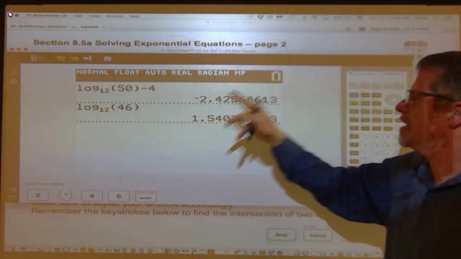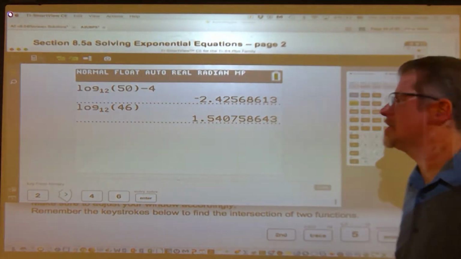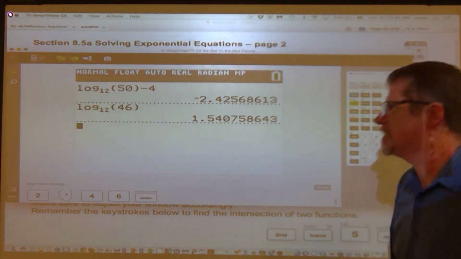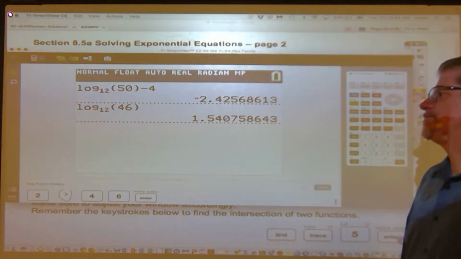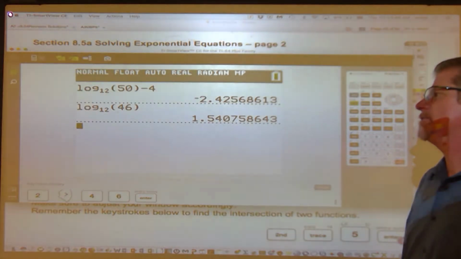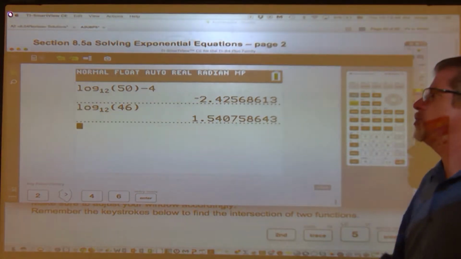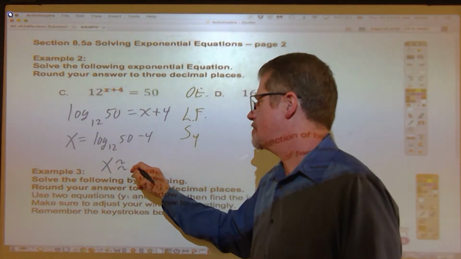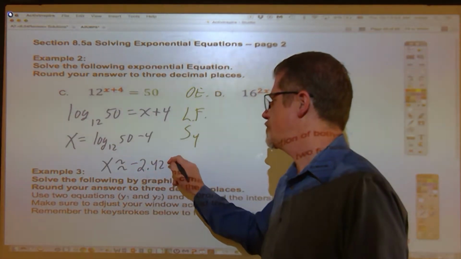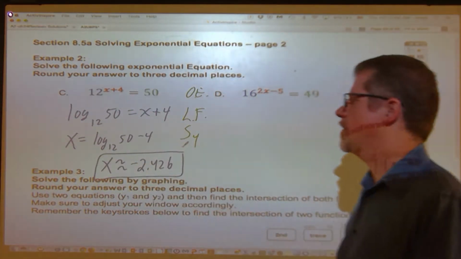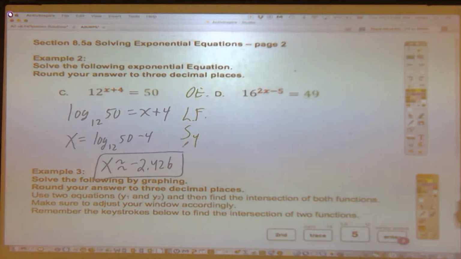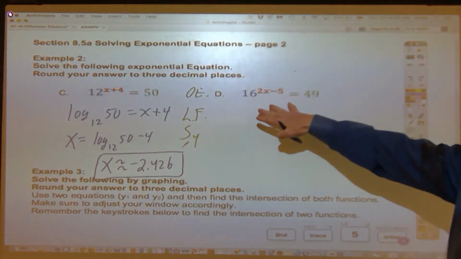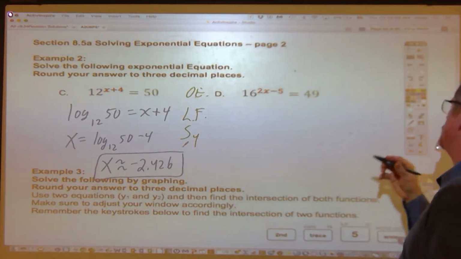So notice that the log base 12 of 50 minus 4 is not the same thing as log base 12 of 46. So the correct answer here is negative 2.426. X is approximately negative 2.426, rounded to 3 decimals. So watch out for that. Please try part D, that's D as a dog, on your own.